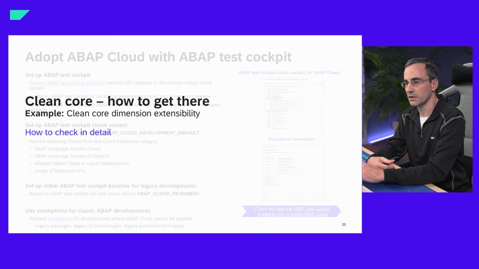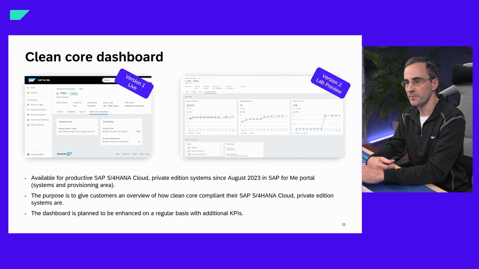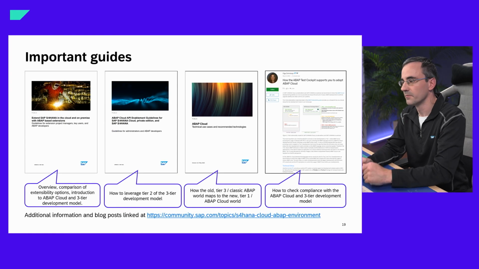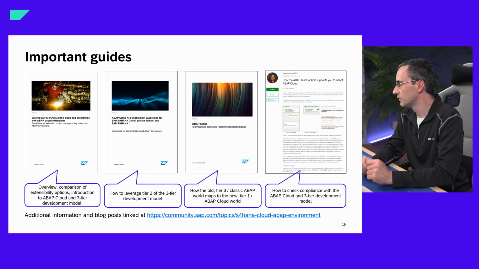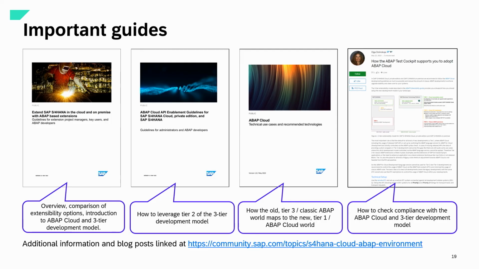These for ABAP Cloud are the guidelines. And further on, there's also a central Clean Core page. If you look at sap.com for Clean Core, there's a central page with more information about Clean Core, not only about extensibility, and hints on what it actually means to be Clean Core.